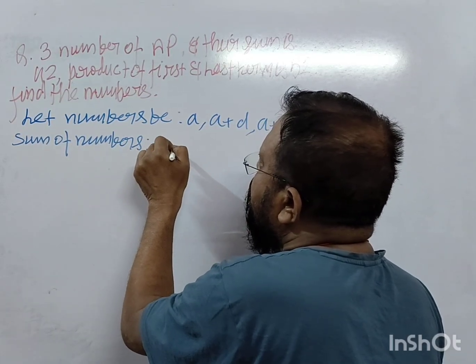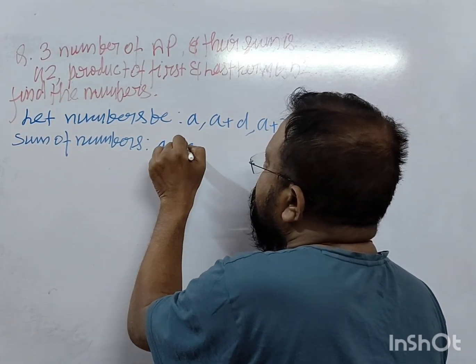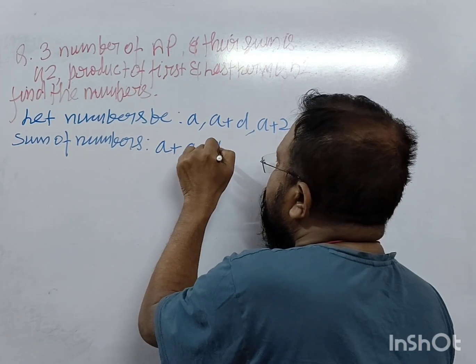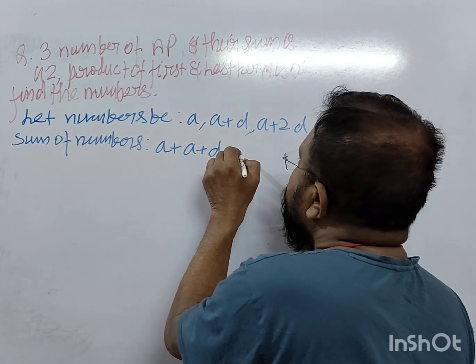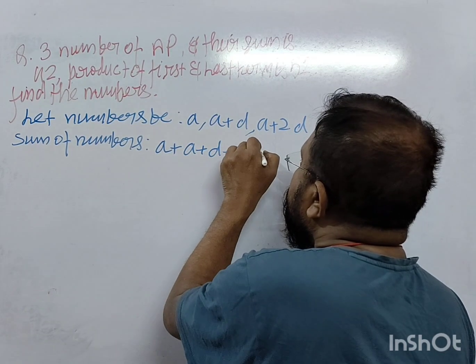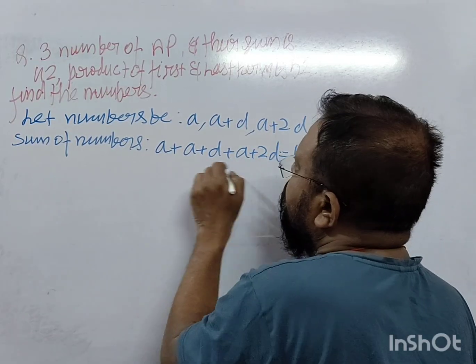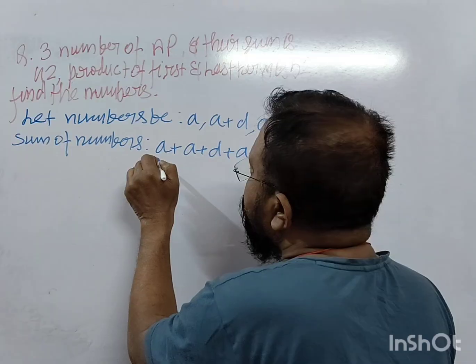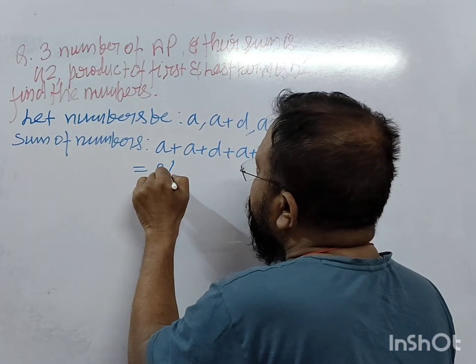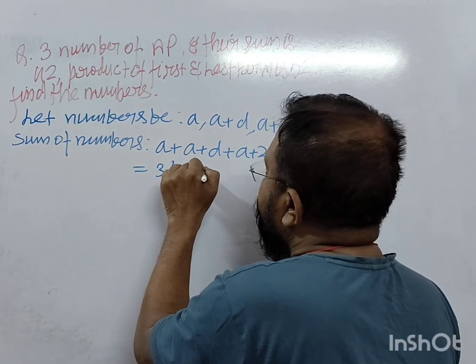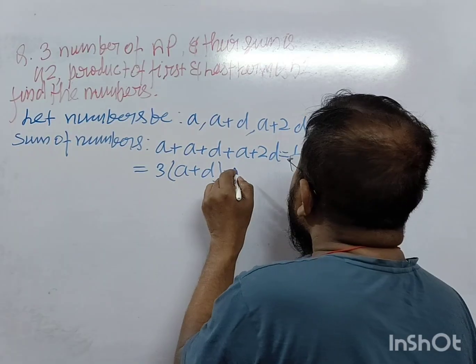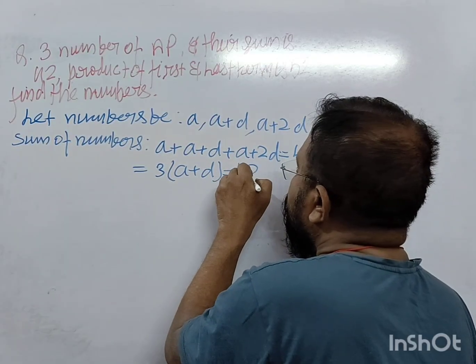a plus a plus d plus a plus 2d is equal to 42. So you will find here it is 3 bracket a plus d is equal to 42.